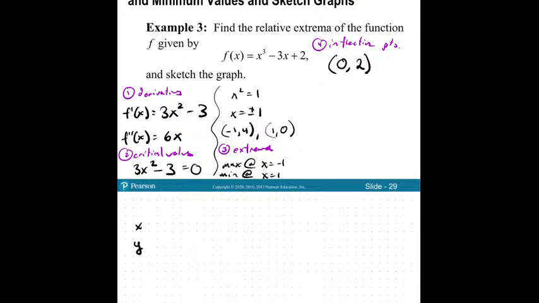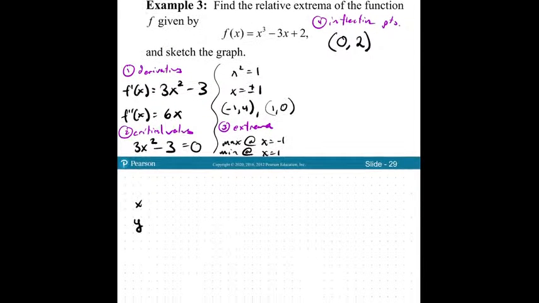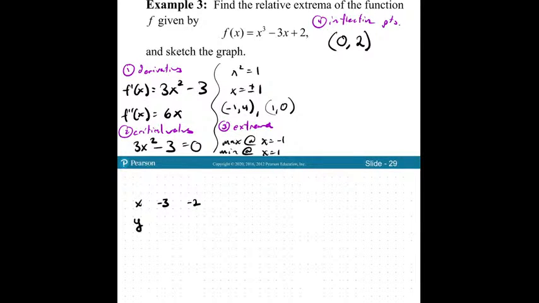I start at -3, -2, -1. Actually, I want some points between the -1 and 0. So instead of starting at -3, I'm going to start at -2, then I'm going to go -1.5, -1, -0.5, then I want to go 0, and then I want to go 0.5, 1, 1.5, and then 2.